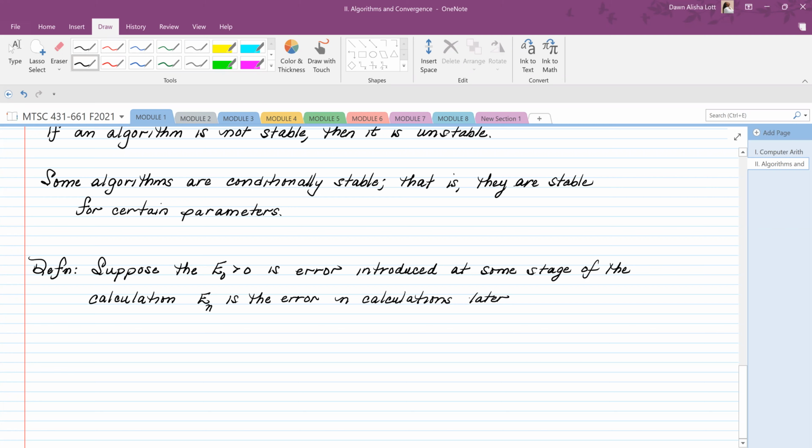Okay, so here's what we get. First definition is that if En is proportional to some constant C times n times E naught, then the growth in error is linear.